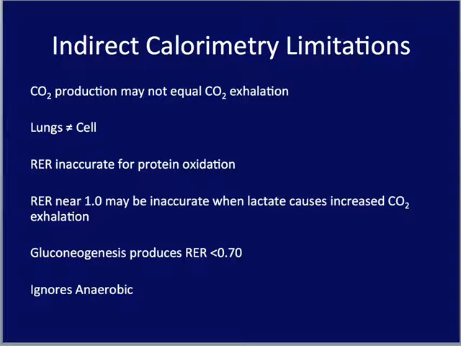RER is inaccurate for protein oxidation. Protein is not a great energy substance. That's why low carbohydrate diets are really a bad deal for athletes. If you've ever been on a low carbohydrate diet, more likely you're eating a lot more protein. You're also eating a lot more fats as well.